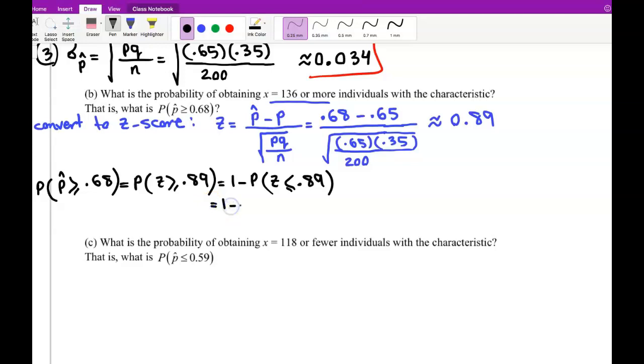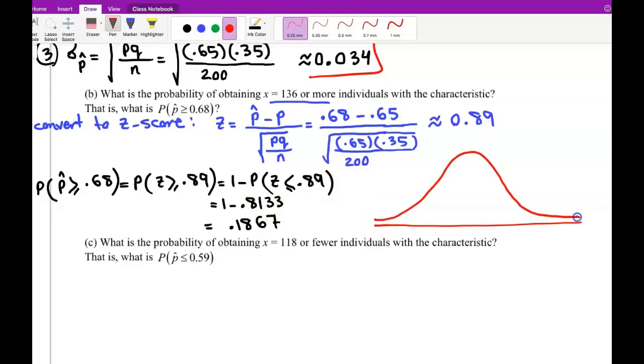This is equal to 1 minus, using the table, when z is equal to 0.89, the area in the body of the table, 0.8133. So subtracting, the answer is 0.1867.